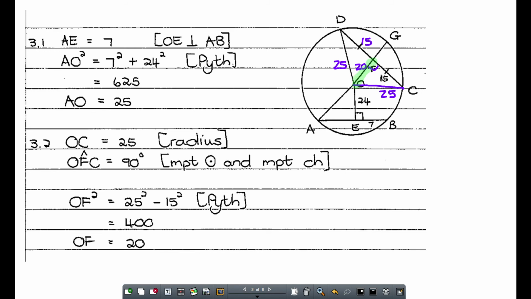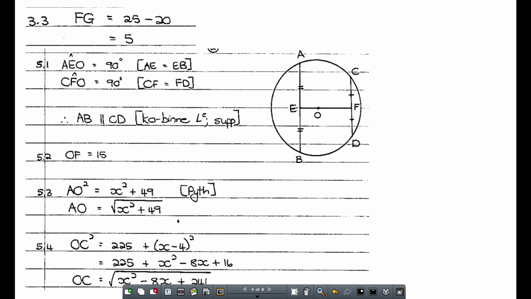So ek kan eintlik gaan sê 25 minus die 20. Nee. So kom ek skip net gou vir jou daarso. Right at the top. FG would be 25, which was the radius, minus that side that we just worked out of FO, which is 20. Wat beteken dat die klein stukkie van FG is dan 5. Is julle reg daar? Any questions?